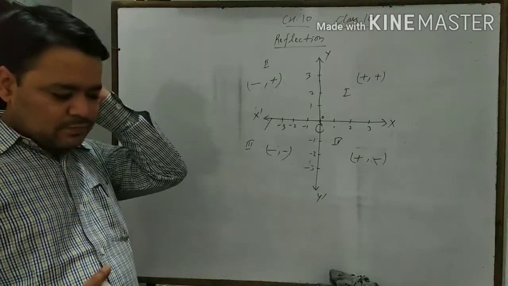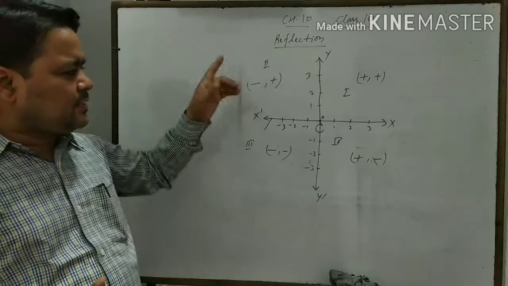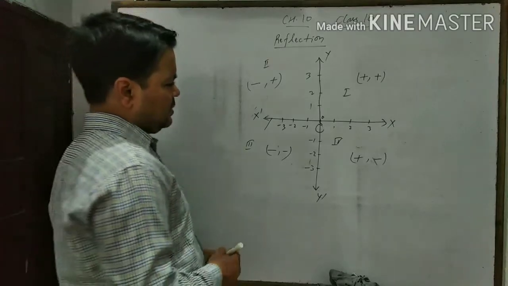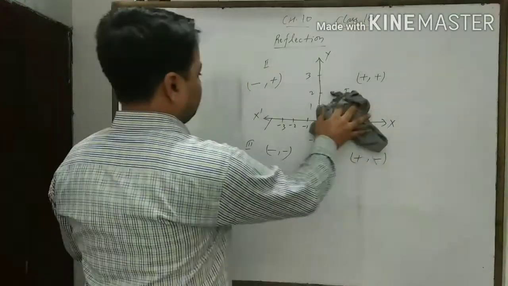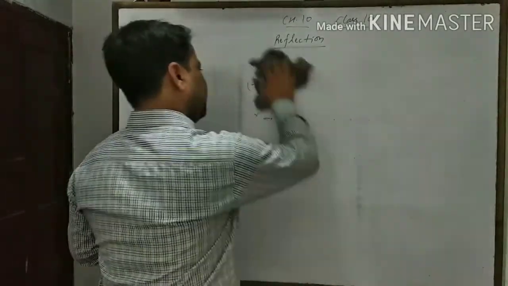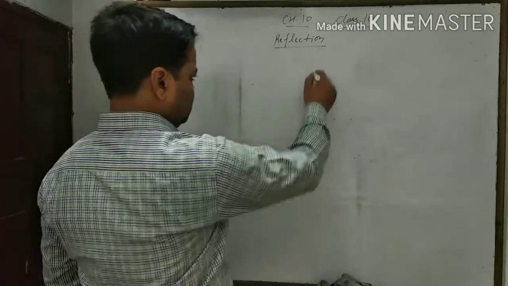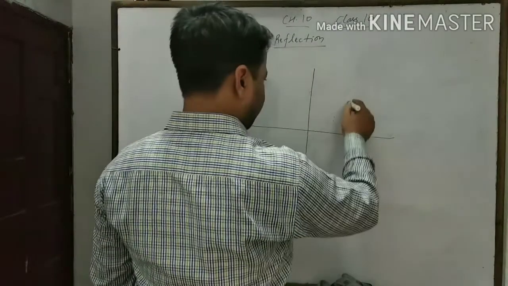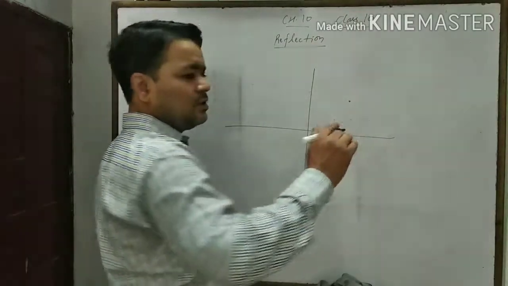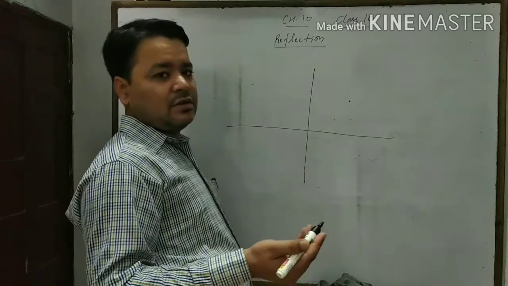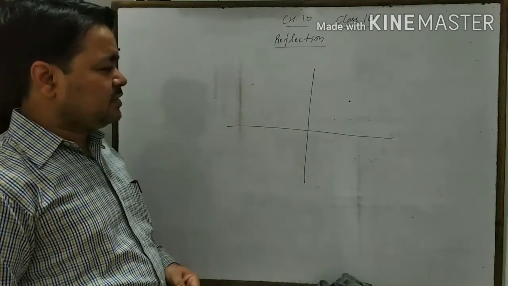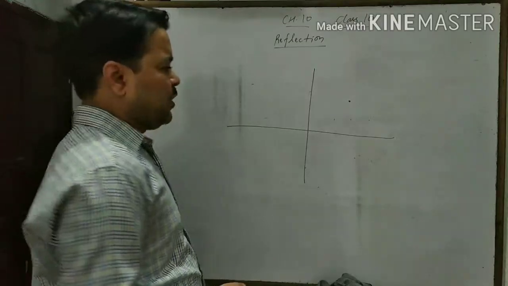Now the question is how we write the position of a point. In the Cartesian plane, if we indicate any point, then it has a unique position represented by an ordered pair, and that is called the coordinate of that point.